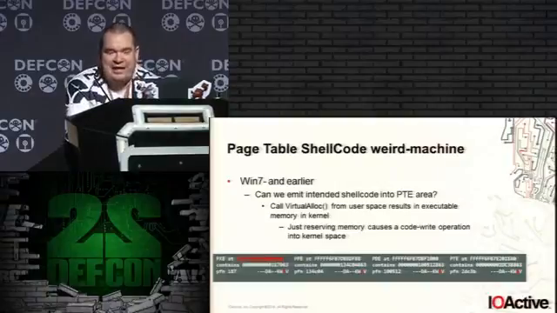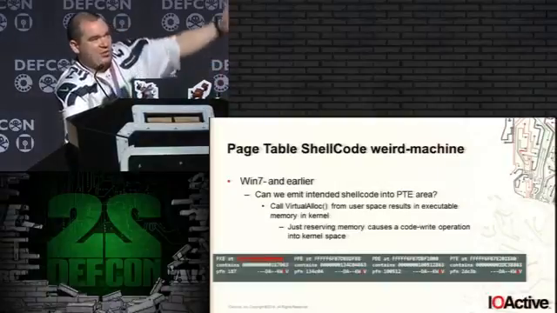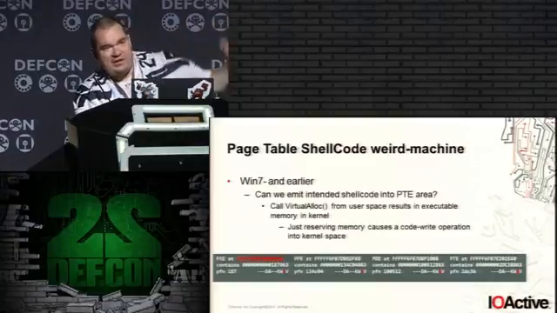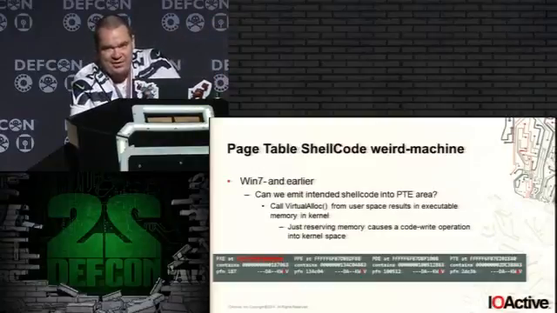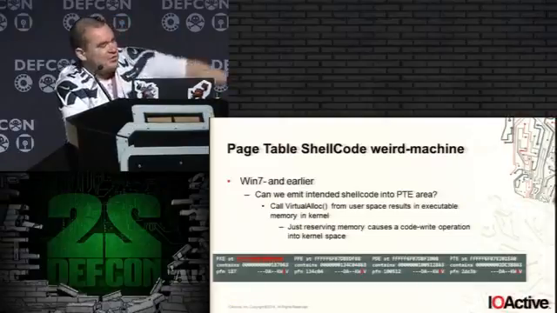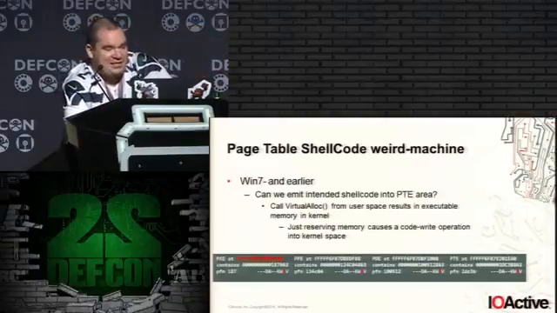So what that means is I can do a ROP right through that. I can get code into the kernel by just reserving memory, which is pretty powerful, pretty interesting. Those E's there mean that it's executable.